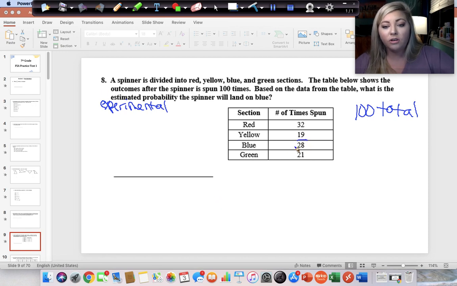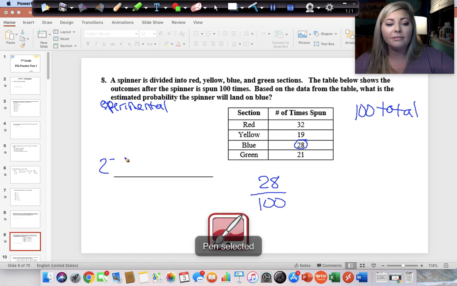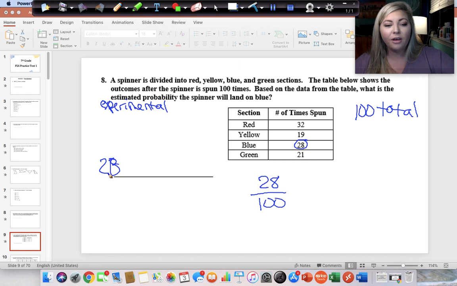Okay, so there's 28 blue ones out of 100 total. 28 over 100 is simply 28%.